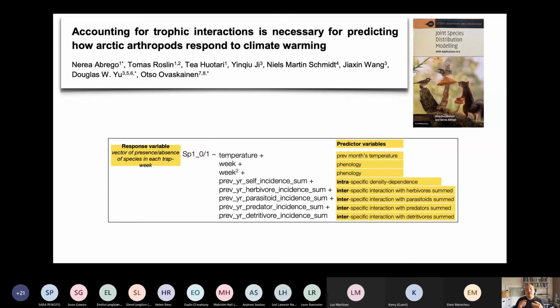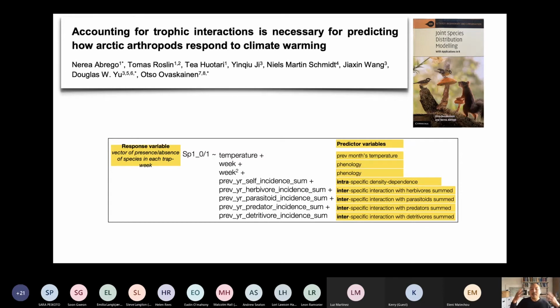We've added recently the week number to capture the phenology, week number squared to capture the fact that it goes up and down. And then also last year's total abundance of that species. So is there some intraspecific density dependence?